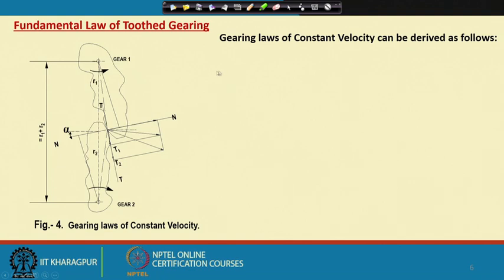Why? For that, let us look into the gearing law. What is the basic purpose? We are transmitting power from one shaft to the other. Power means speed and torque. When the speed increases, torque will reduce, and usually in most cases we consider there should be a constant reduction or constant increase in speed or torque.